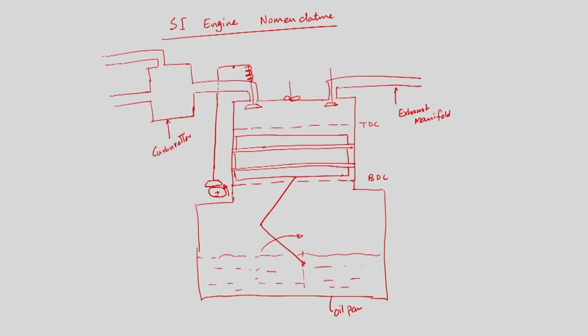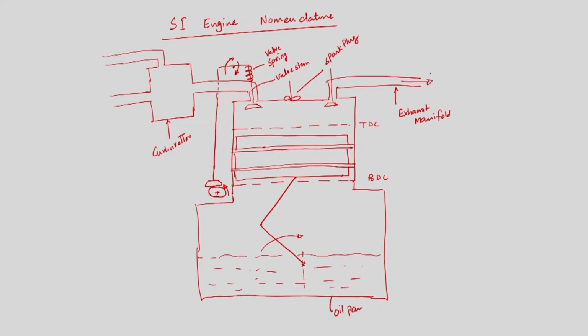This is the valve, valve spring, this is the valve stem, this is the rocker arm. So this is the valve spring. This is the valve stem, and this is known as the spark plug.